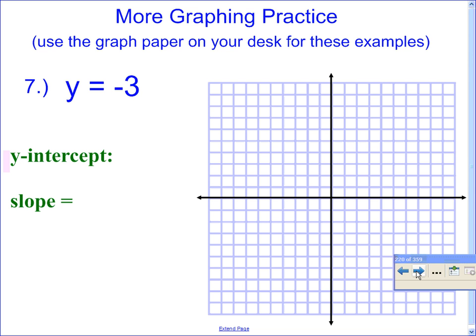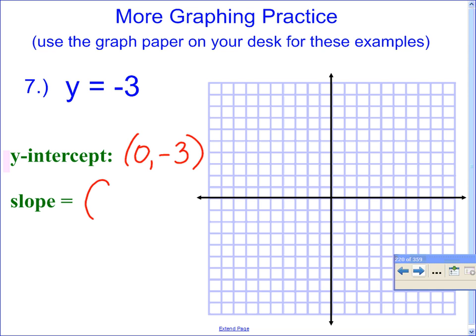Okay, what is the y-intercept? Jeremy? Good. The y-intercept is 0, -3. Donatus, what's the slope?